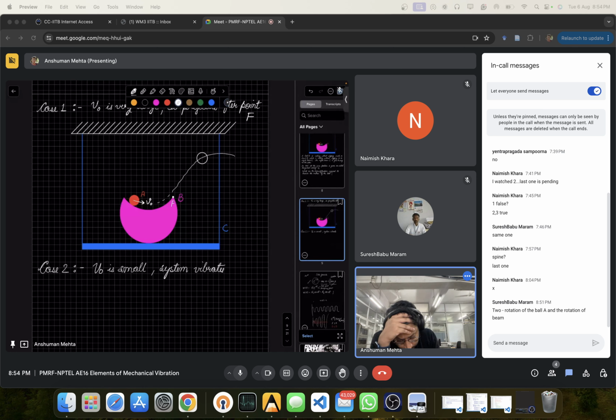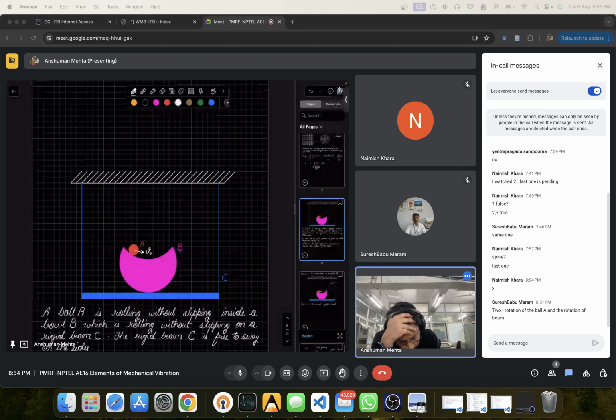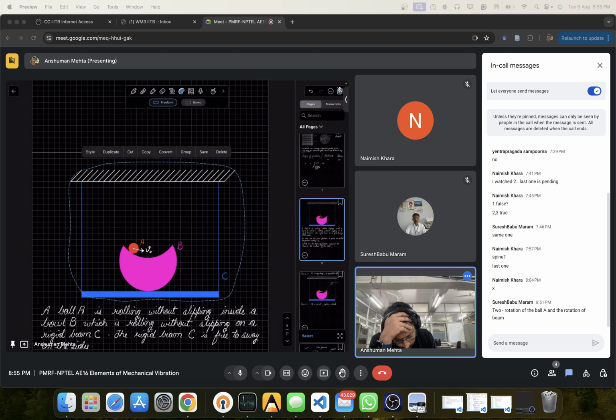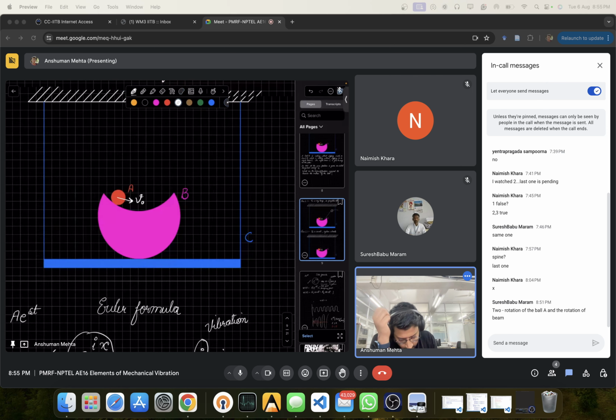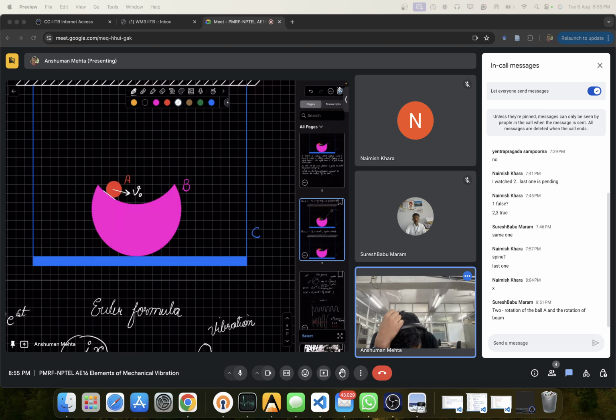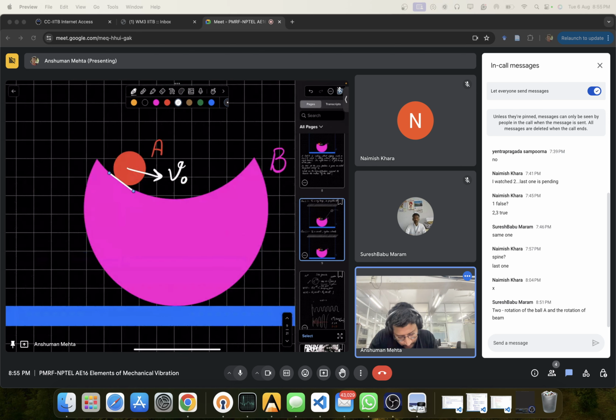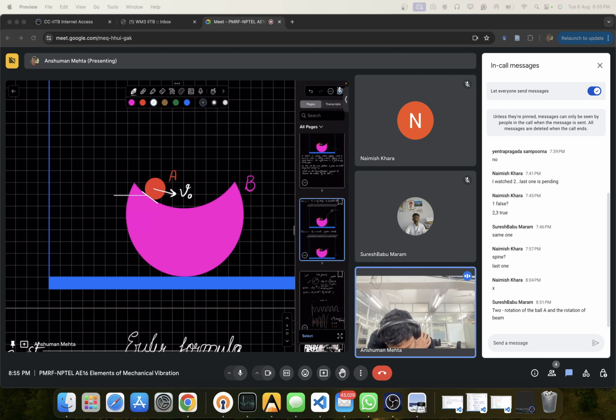Constraint number 1 is between ball A and bowl B, which is pure rolling between ball A and bowl B. Next is constraint number 2.